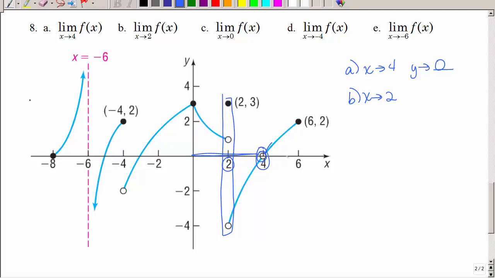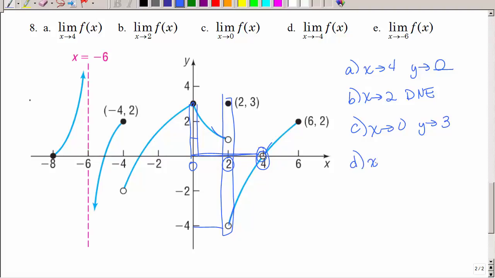Boy, that's a big mismatch. Here it's getting closer to probably like 1. Here it's getting closer to -4. Here it's 3. So what do we have? Does not exist. Part C, we have x approaches 0. What does y approach? Well, there's no holes or jumps, so it's just the y value of 3.